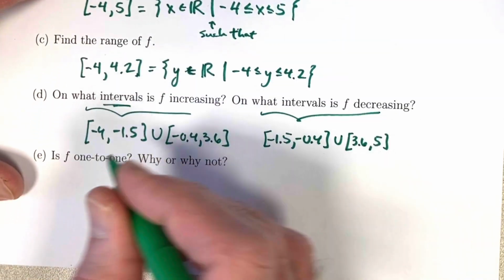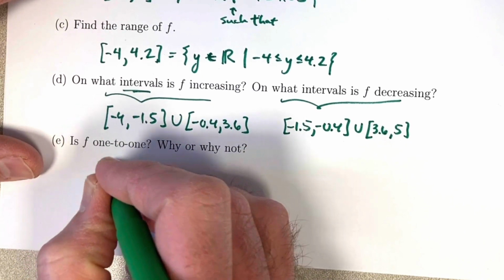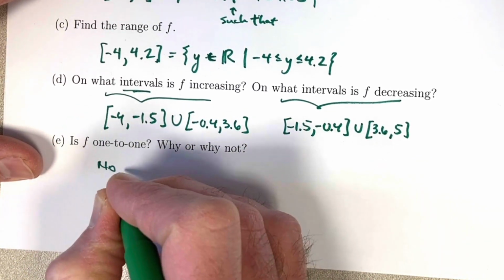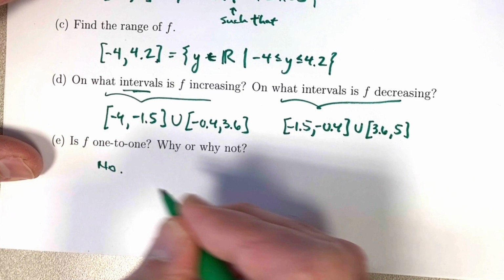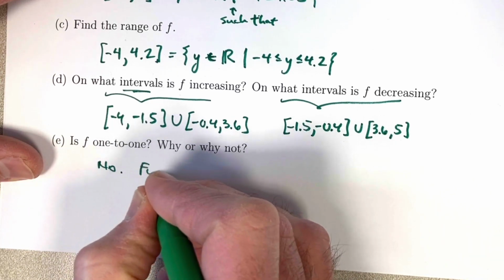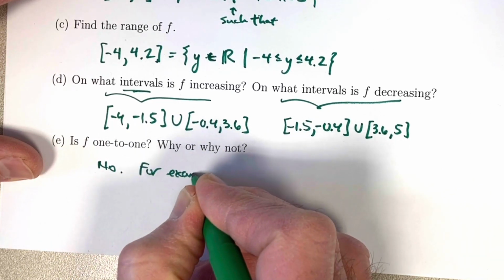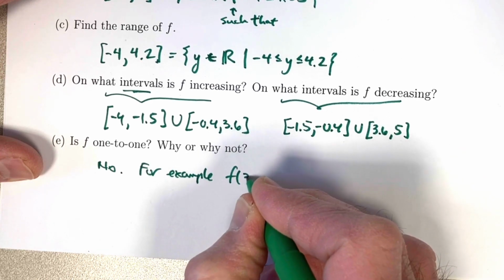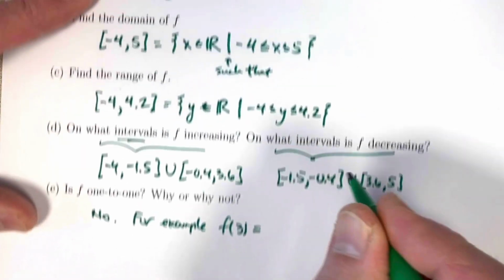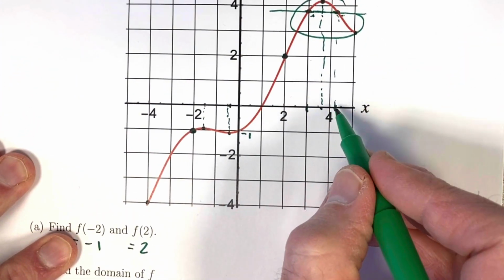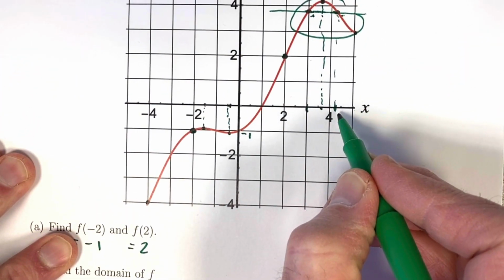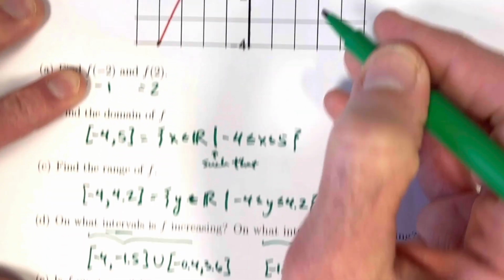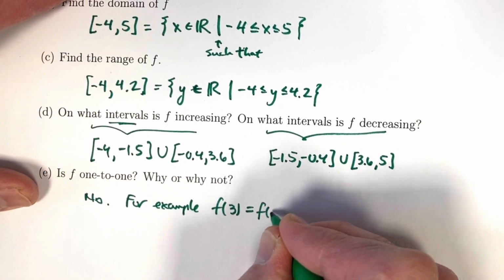What are the implications of that? It means the function does not have an inverse function. We'll talk more about that later. No, f is not 1 to 1. For example, looking at the graph that we looked at before, f of 3, and let's say looking at this number right here, it looks like about 4.2 or 4.3, let's just pretend it's 4.2, have the same function value.